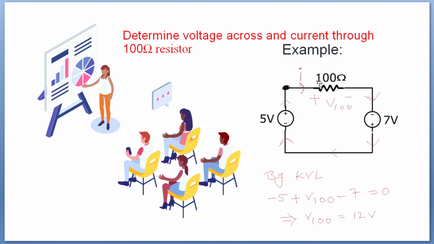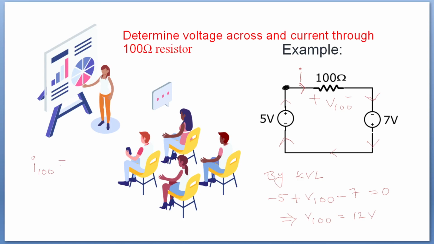Now I need to determine what is the current flowing through the 100 ohm resistor. That is determined by using Ohm's law. So what is Ohm's law? V equal to IR.